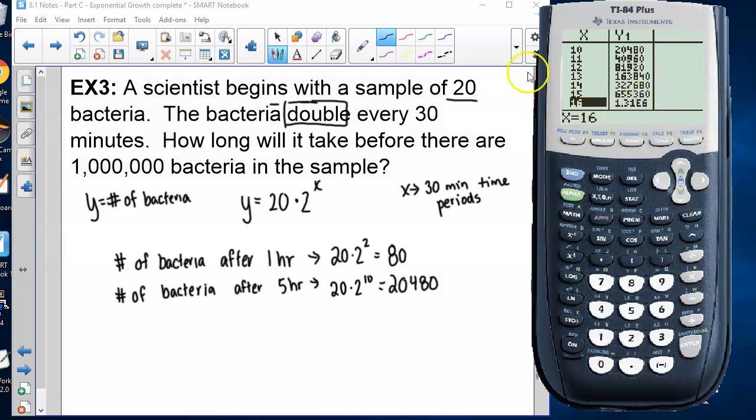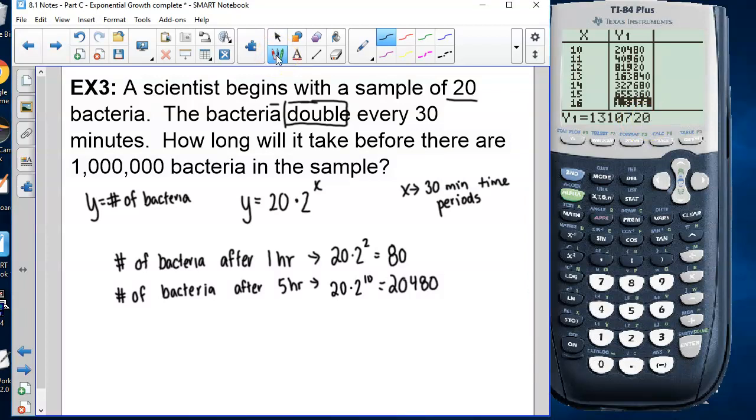That's scientific notation. Here's a trick for you: if you click the over button, it'll give you the normal number, unless it's so big that they can't fit it there. So this is 1,310,720. So between 15 and 16 is when we get there, right?